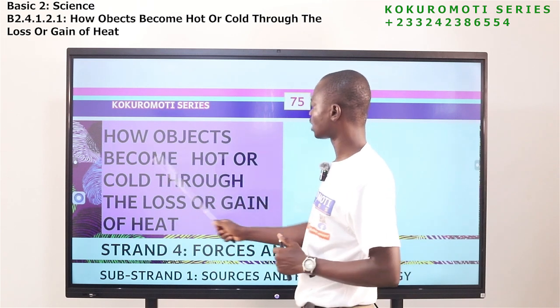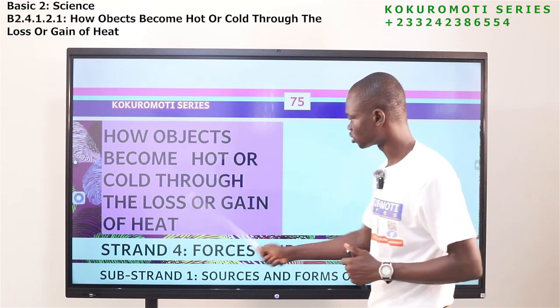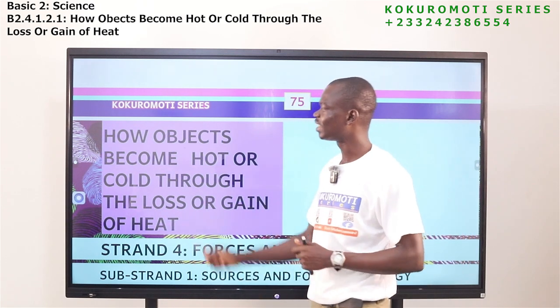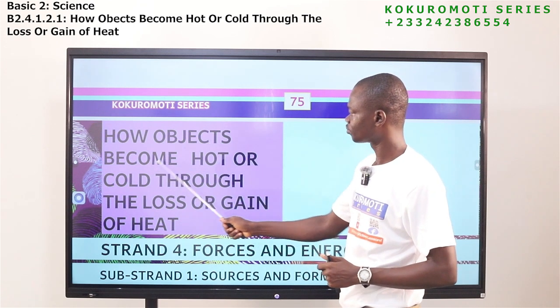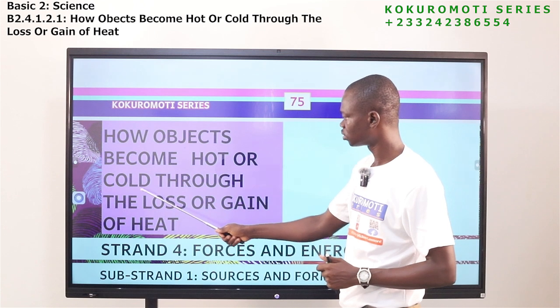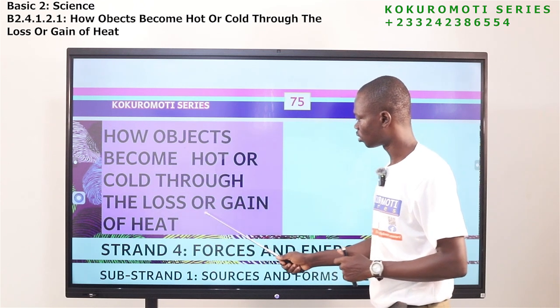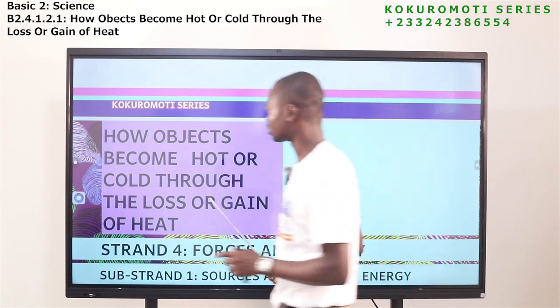How objects become hot or cold through the loss or gain of heat. This is our topic. Let's read it again. How objects become hot or cold through the loss or gain of heat. So this is what we are looking at today.